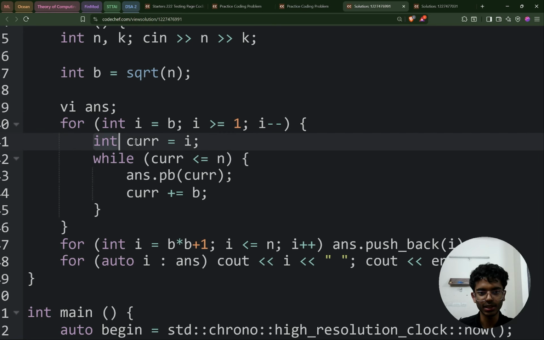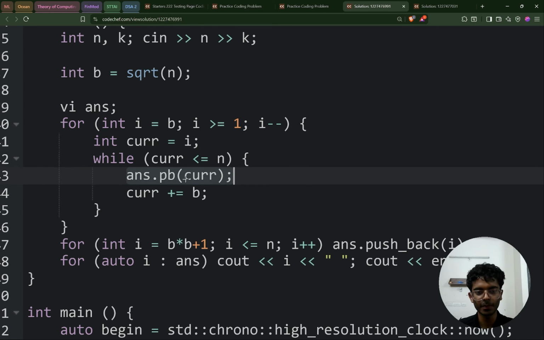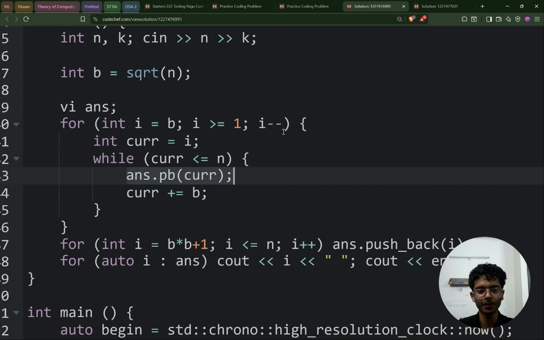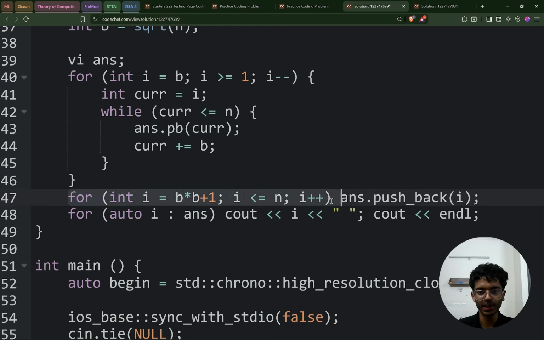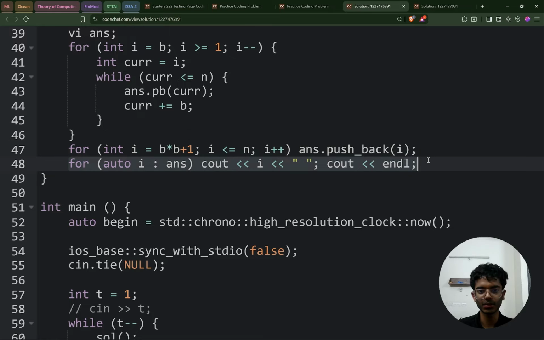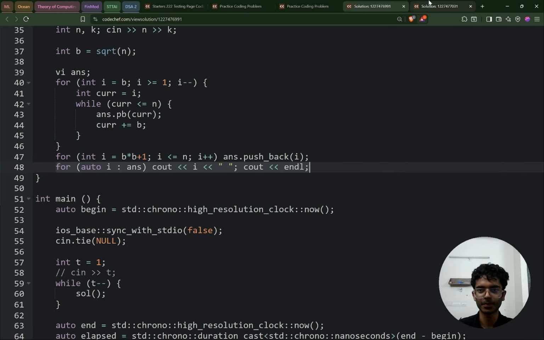While the current element is less than or equal to n, we're just increasing it by b and appending it to our answer. Then we'll do this for b minus 1 and so on up till 1. And then we'll be adding the remaining elements, which would be from b into b plus 1 to n, if n is not a perfect square. So this is pretty much for when n is not a perfect square. And then we'll simply print all of them.